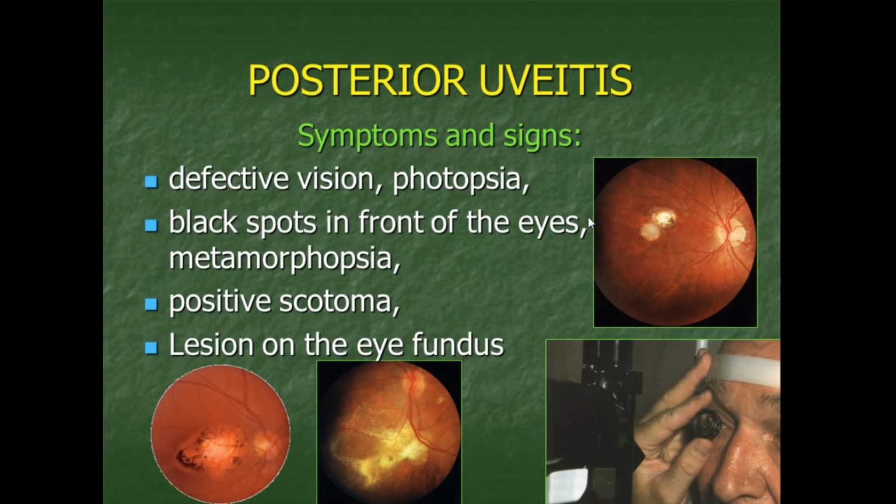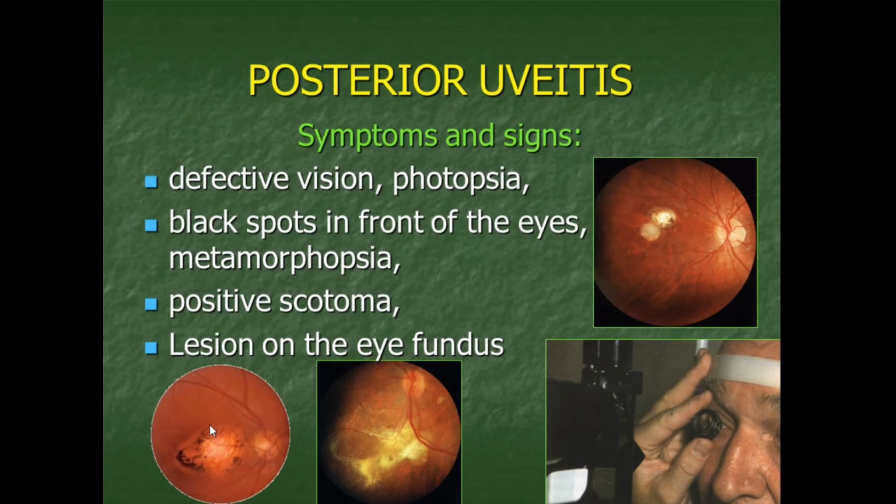During examination, we can see positive scotoma. And the most important, during examination using ophthalmoscopy or slit lamp ophthalmoscopy, we can see the lesion of the fundus of the eye. And the complaints of the patient depend on this lesion.